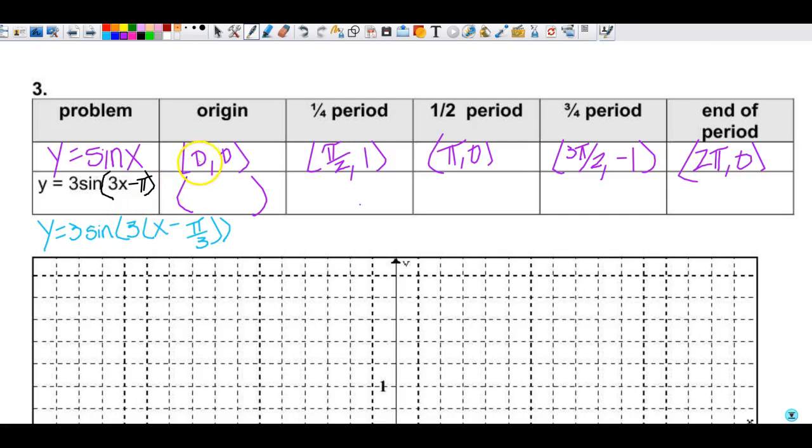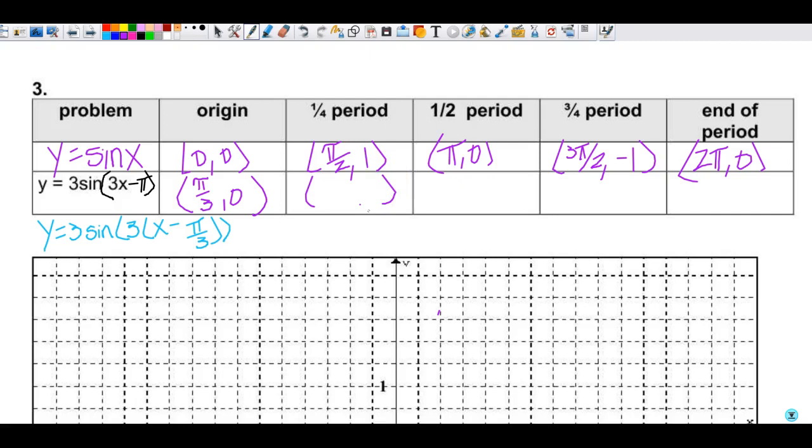So we're going to take 0, we're going to divide it by 3, which is 0, and then we're going to add the pi thirds, because remember you do the opposite. So 0 plus pi thirds is pi thirds. And then for the y value, the y gets multiplied by 3. There is no vertical shift. So 0 times 3 is just 0.